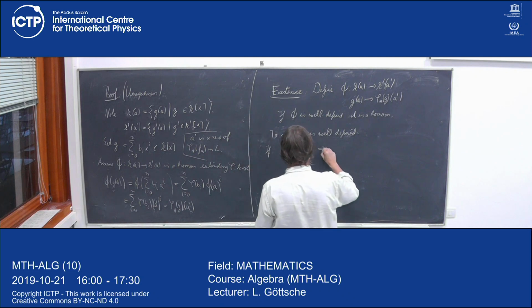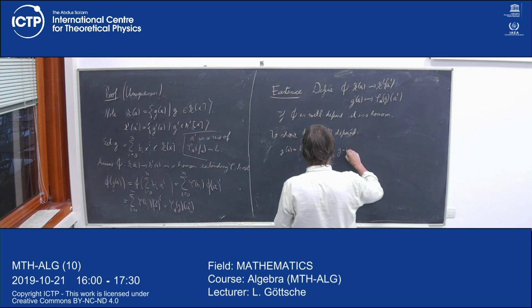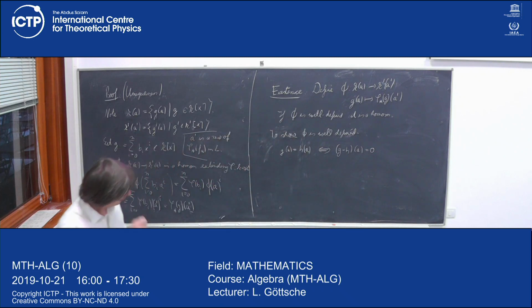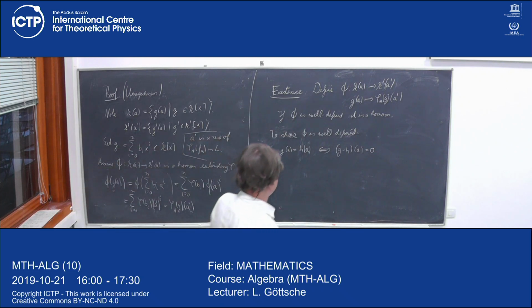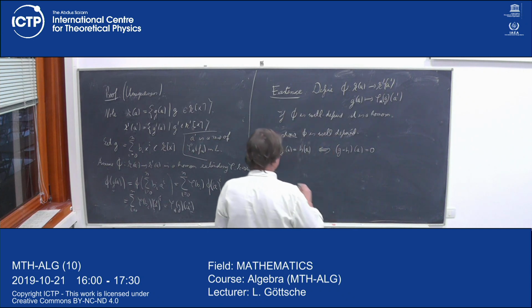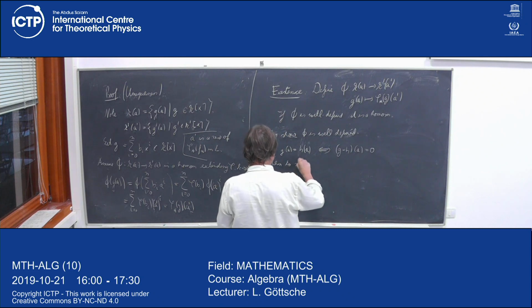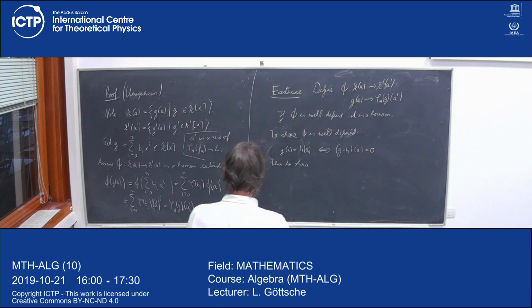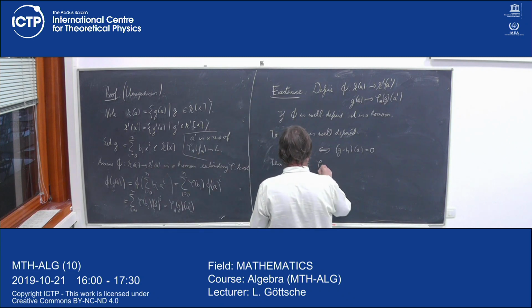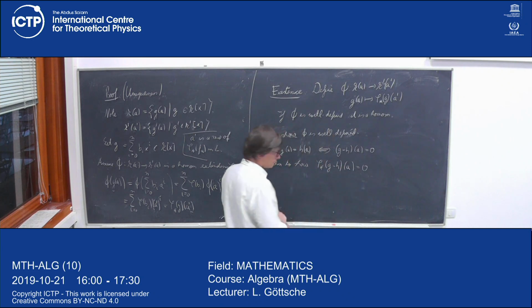then it follows this is equivalent to g minus h of a is equal to 0. And then we have to show that phi star of g minus h of a is equal to 0.